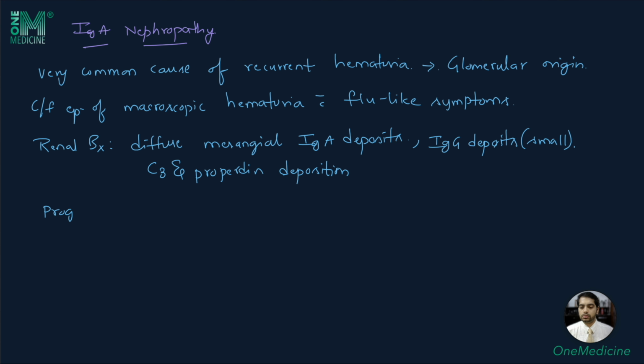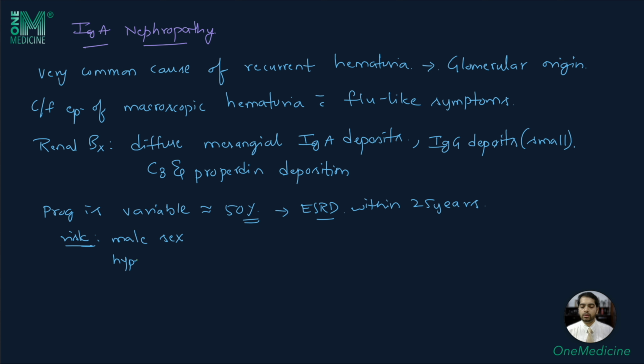The prognosis is variable, with approximately 50% of the patients developing end-stage renal disease within 25 years. The risk factors for progression include male sex, hypertension, and heavy proteinuria.